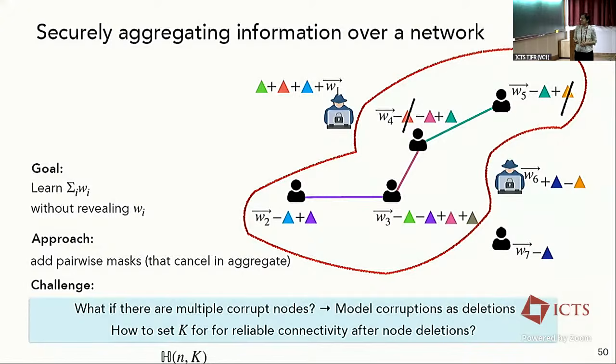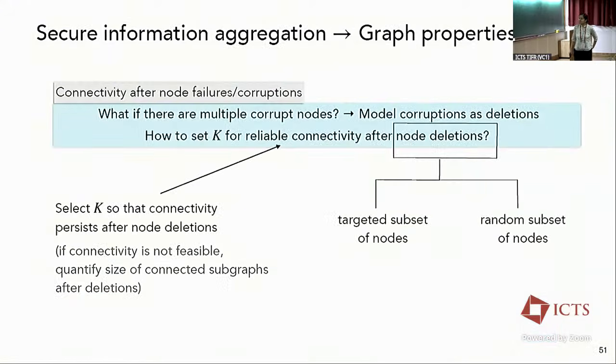I like to think about this in 2 contexts. One is a very powerful adversary, which can occupy whatever sites would give it the most information. The other is more like the percolation case, where you could have a random subset of nodes, or with an independent probability, an adversary occupying the nodes. And then for the targeted subset of nodes, what one could use is the property of k-vertex connectivity. I will make that concrete in a bit.